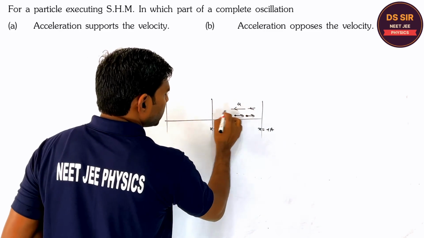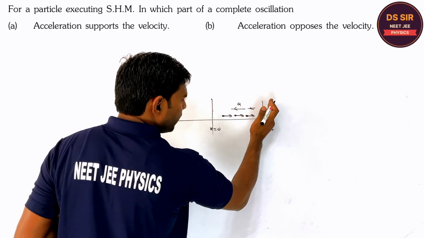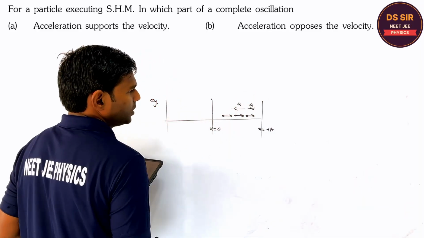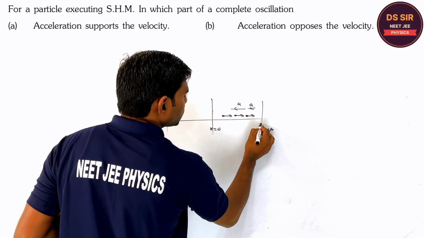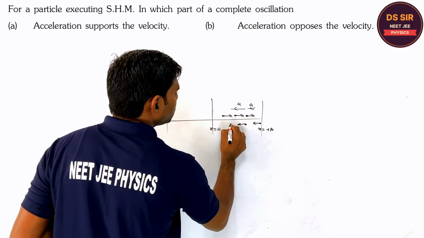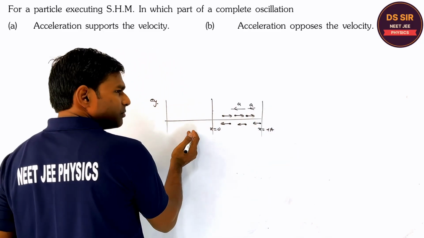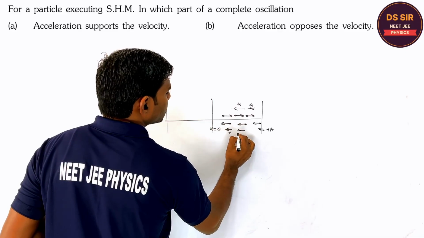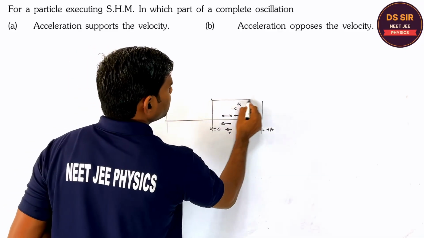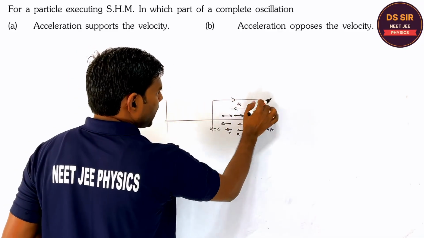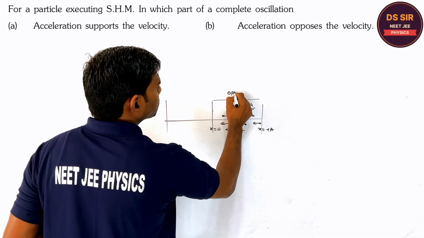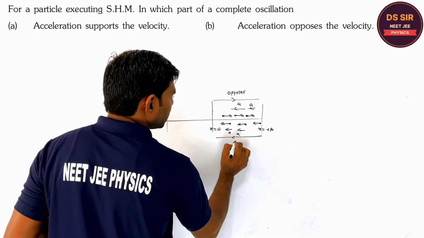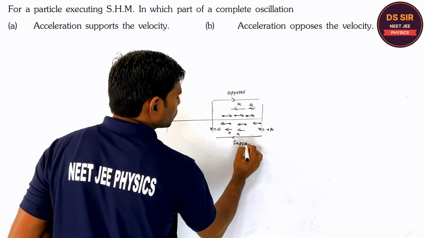So when the particle is moving away from the mean position, the force opposes the motion, right? And when the particle is returning back to its mean position, the force is supportive. So for this part, the force opposes. Here in this part, the force supports.